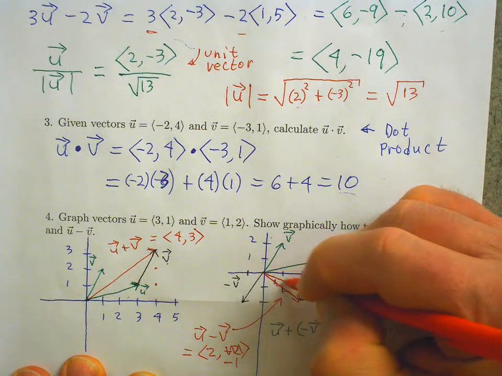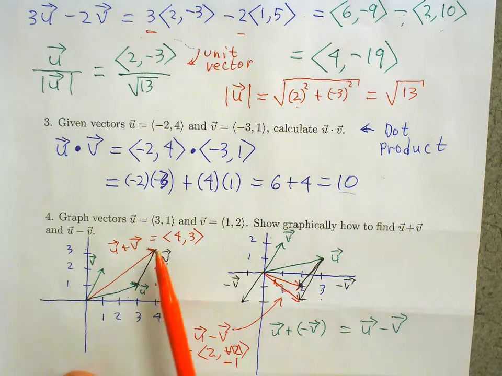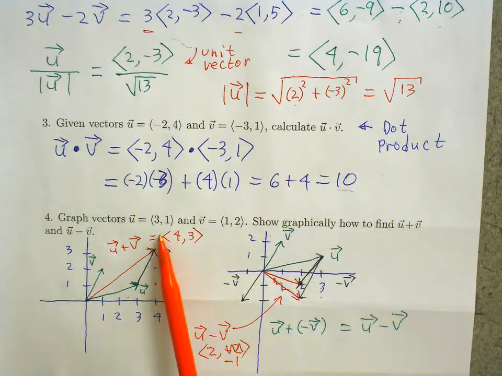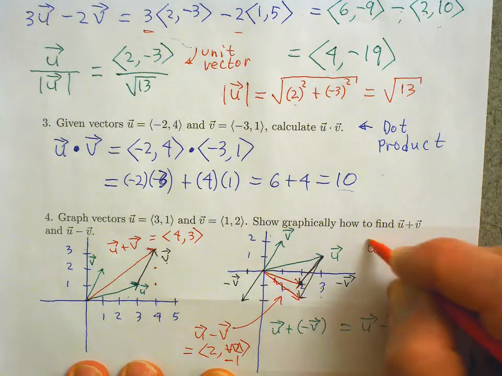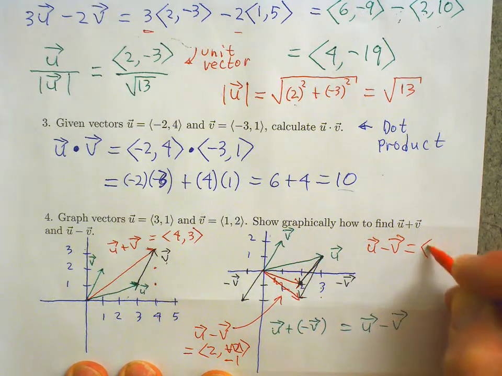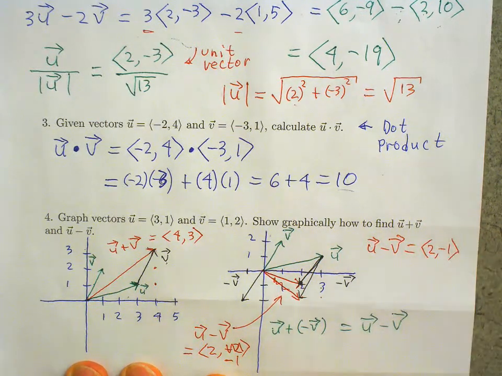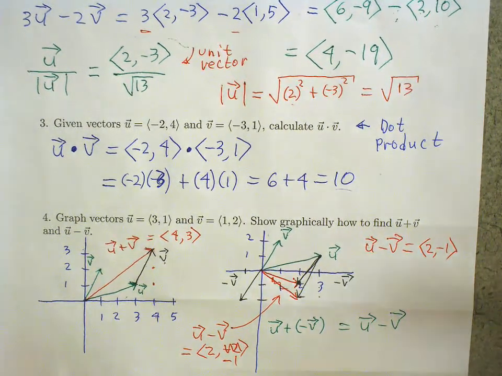So this is our vector instead, 2, negative 1, and it's a good thing we know how to check using the arithmetic. Okay, so to reiterate, vector u minus v in component form is 2, negative 1. Okay, let's move on to the next page.